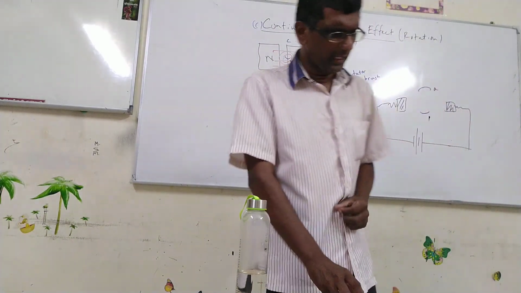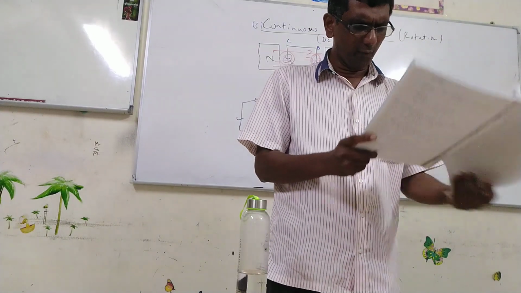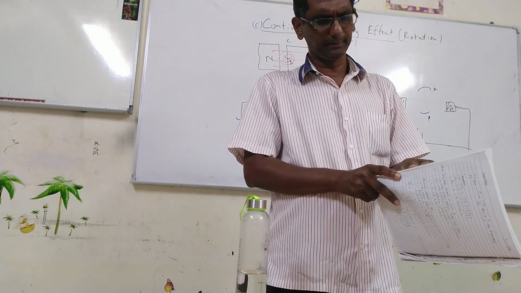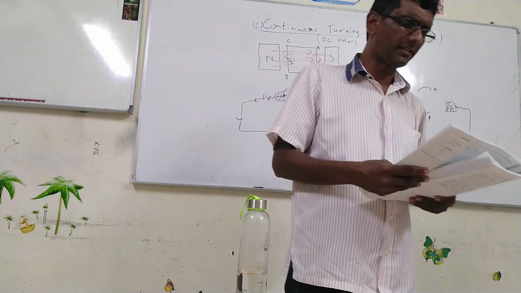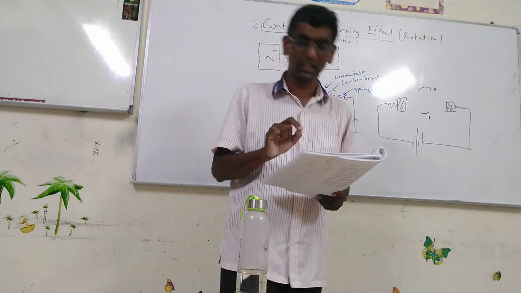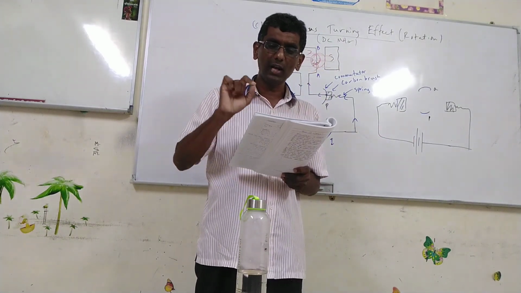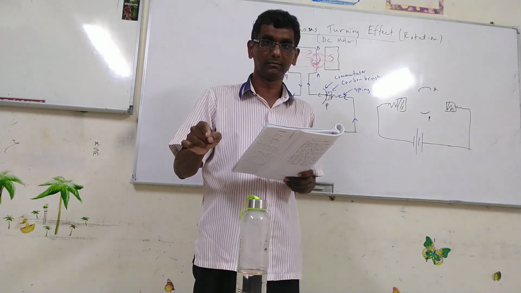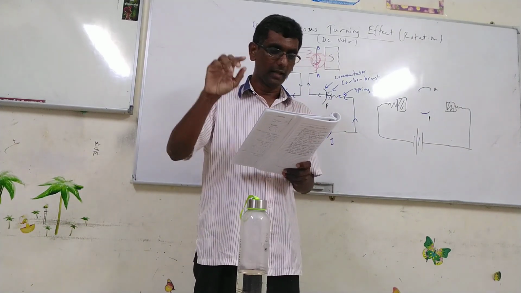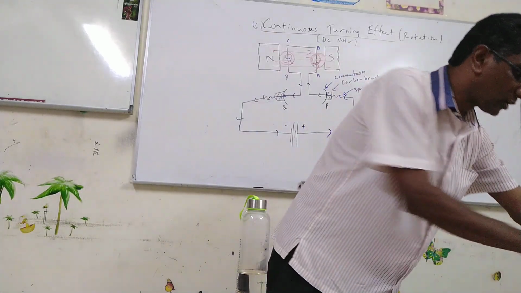I will give you the definitions, and why we need the commutator. The commutator's function is to change the direction of current every half turn, so that the coil rotates in one direction.